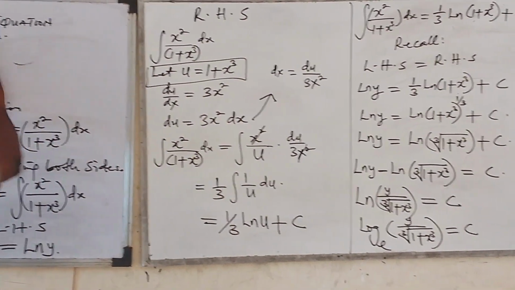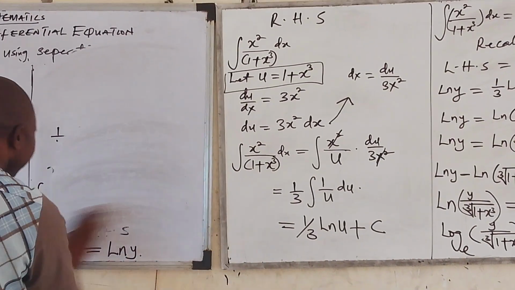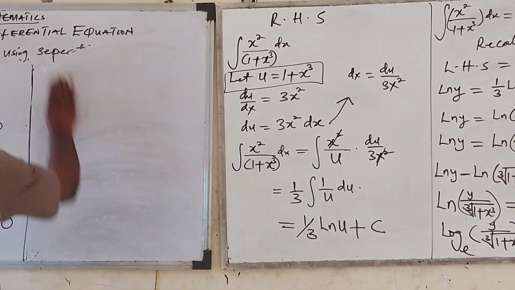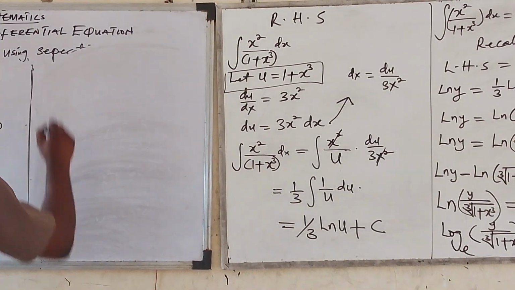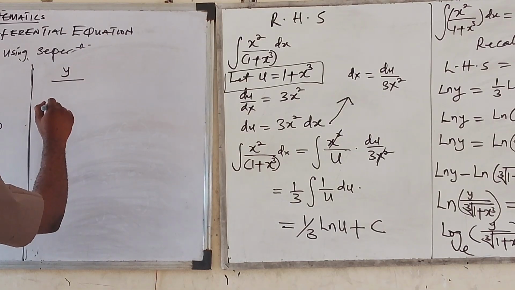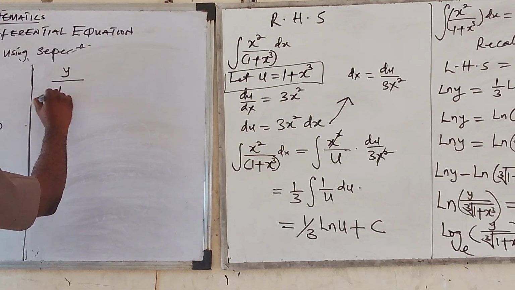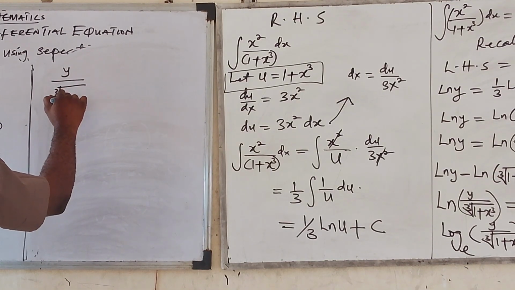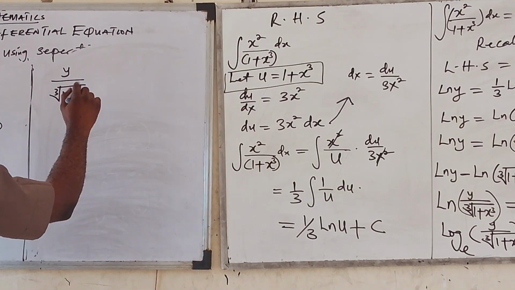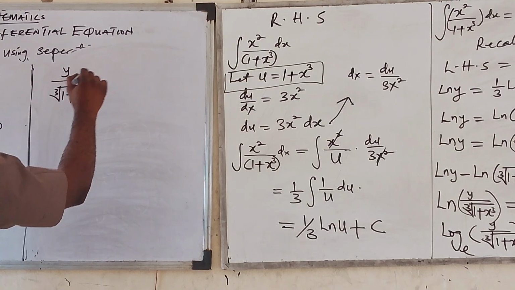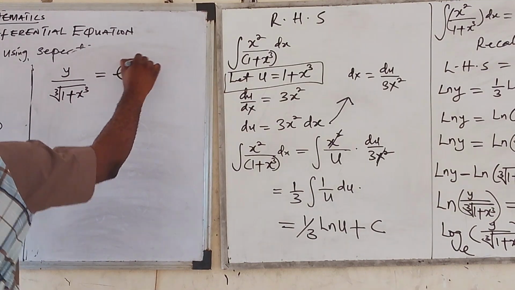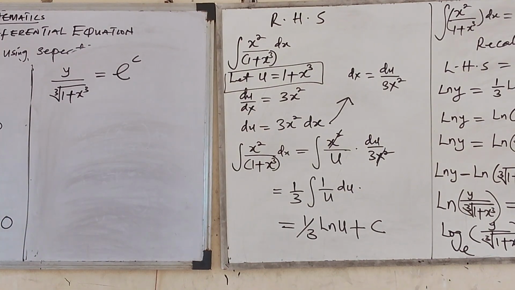So it therefore means that this is the same thing as saying y all over the cube root of 1 plus x raised to the power of 3 is equal to e raised to the power of c.